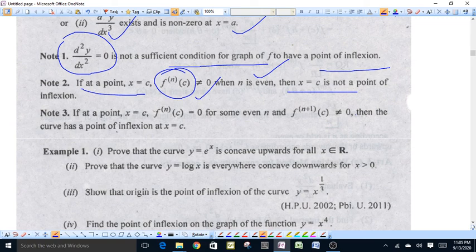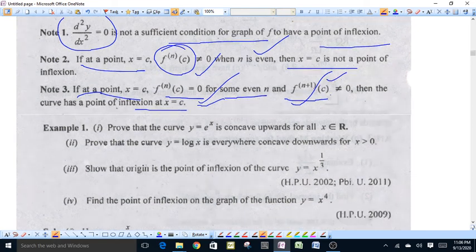And if at point c, the nth order derivative is equal to 0 for some even n, and the next order derivative, that is the (n+1)th derivative at point c, is not equal to 0, then the curve has a point of inflection at point c. That is, we can say that if the even order derivative at point c is equal to 0 and the next order derivative at point c is not equal to 0, then x = c is a point of inflection.